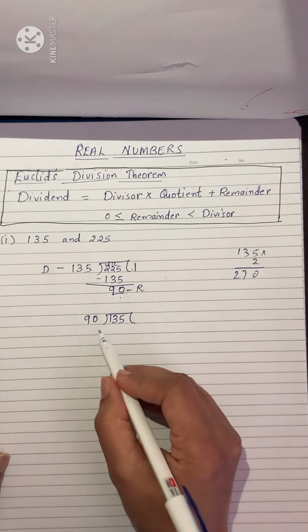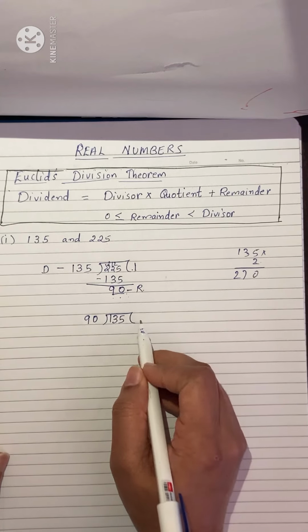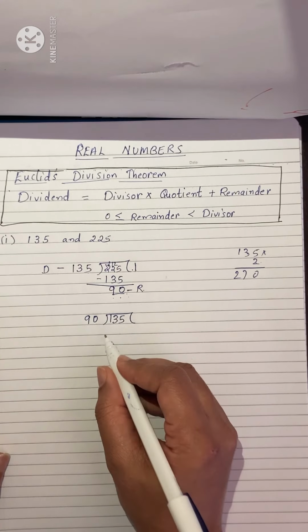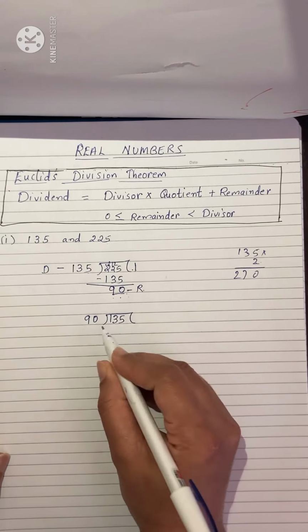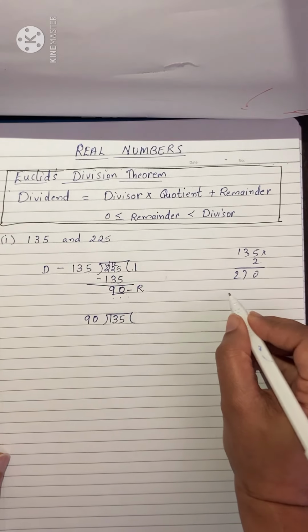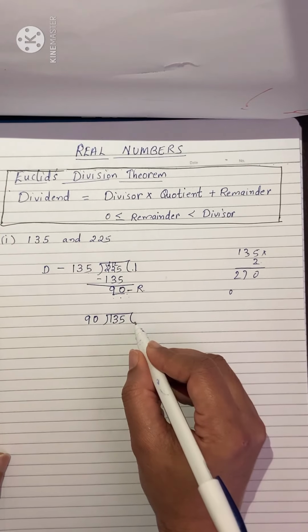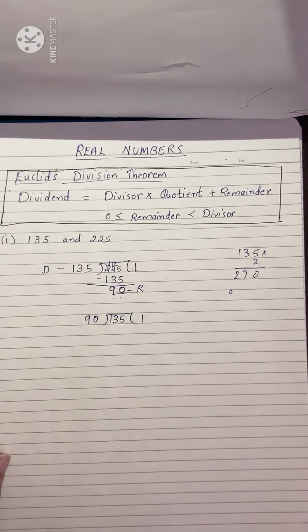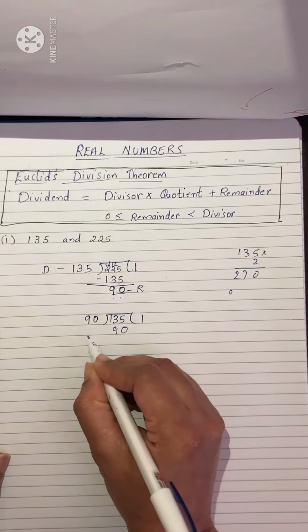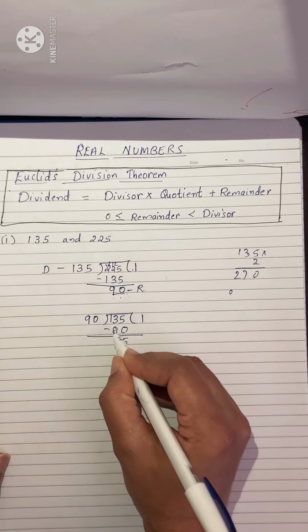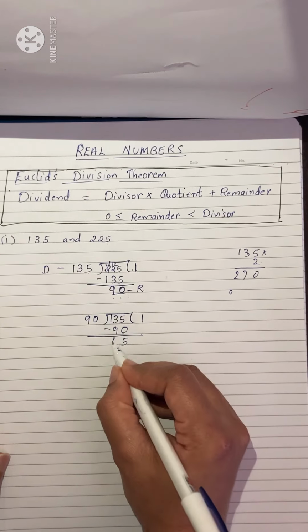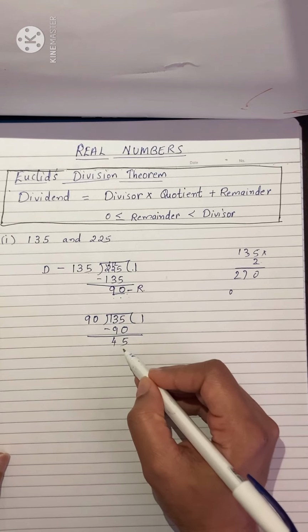Like this. Now you have to find the quotient and remainder. If the remainder is 0, we can stop. 90 multiplied 2 is 180, so only 1 will come here. 90 minus it, this is 45.